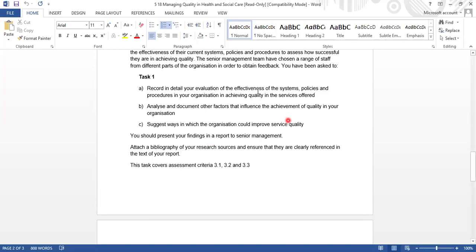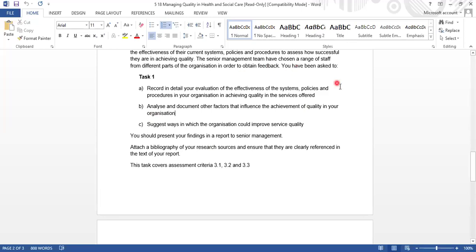You've talked about systems, policies, and procedures, but now there are some other factors that could influence your quality achievement within your organization. You have to document these also, so that you're not left with anything. Is that clear? Let's talk about any other factors.